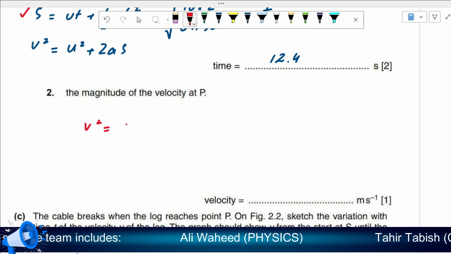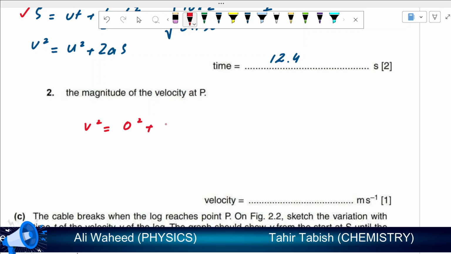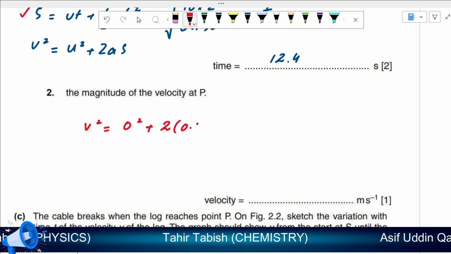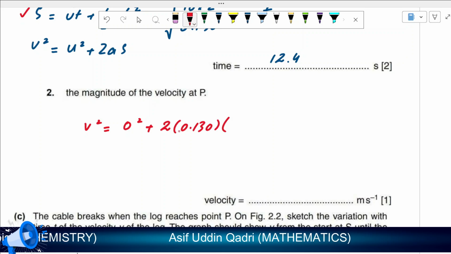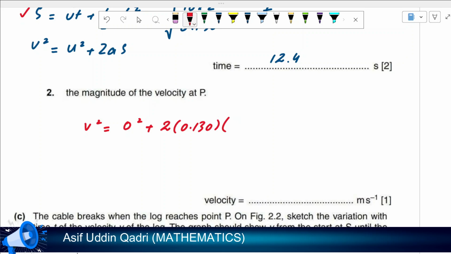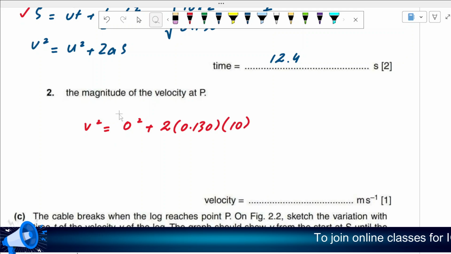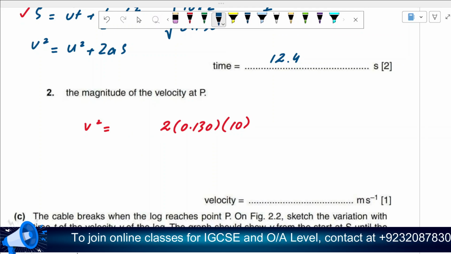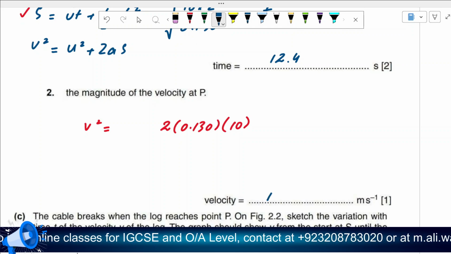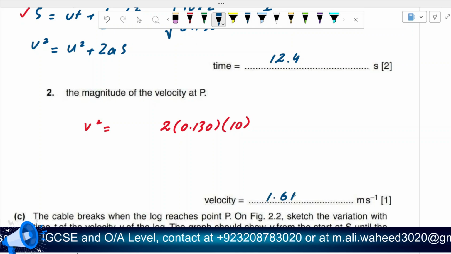So v square equals 0 square plus 2 times acceleration, which would be this much, and the distance or the displacement is 10. You hit it on the calculator. Plus 0 won't make any difference, so it's not even there. Then you take the square root on both sides. You'll be left with 1.61.